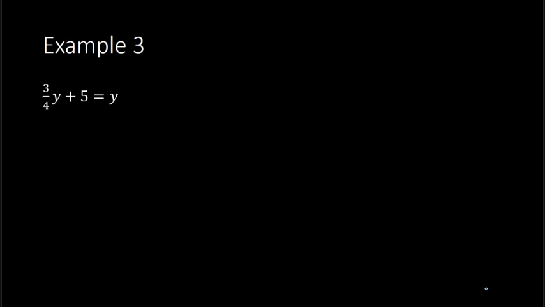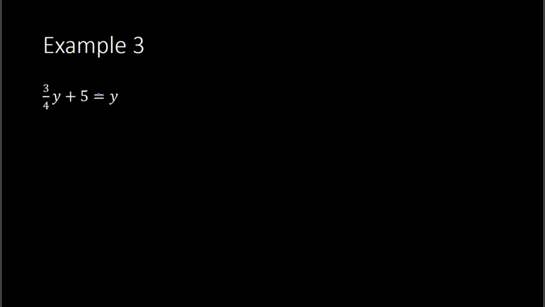Example 3, I have 3/4 y plus 5 equals y. This one is a little more tricky because we have the fraction, but the process is still the same. So I want to bring the y's together, and the easiest way would be to bring the 3/4 y over to the right side of the equation.